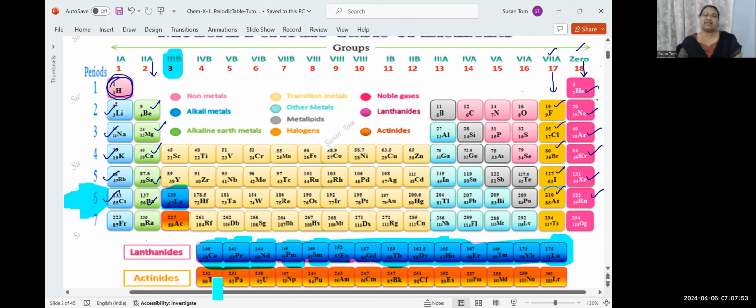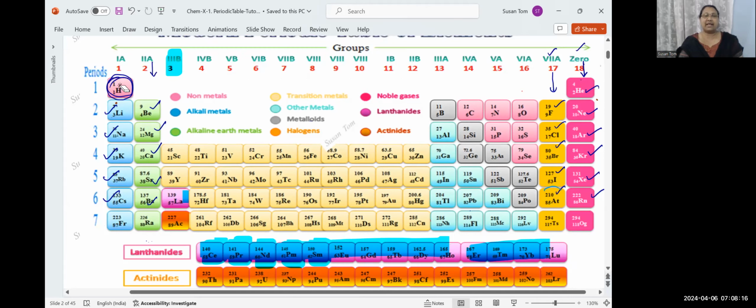Coming to actinides, same is the way. 7th period, same group 3rd B, a set of another 14 elements are placed, which resemble that of actinium. Is that clear? They are called actinides. Yes, children.